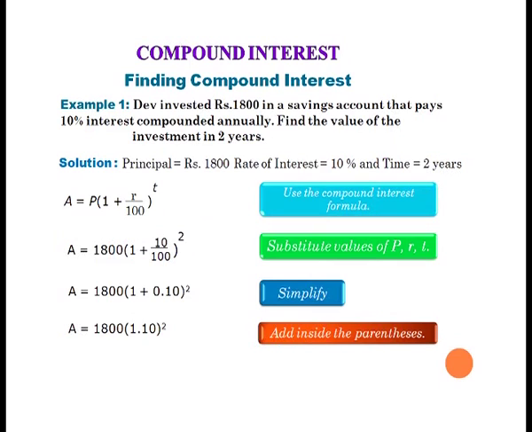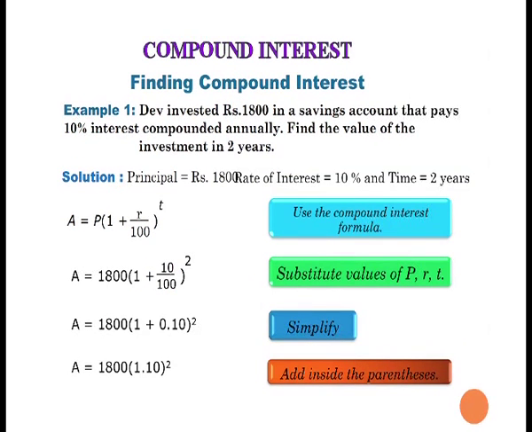Right now we will discuss an example. Dev invested rupees 1800 in a savings account that pays 10% interest compounded annually. Find the value of the investment in 2 years. Here the principal is rupees 1800, the rate of interest is 10% and time is 2 years.